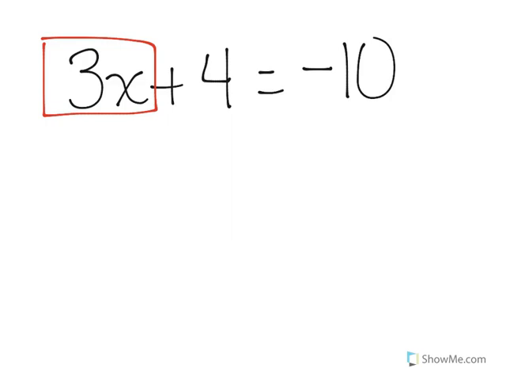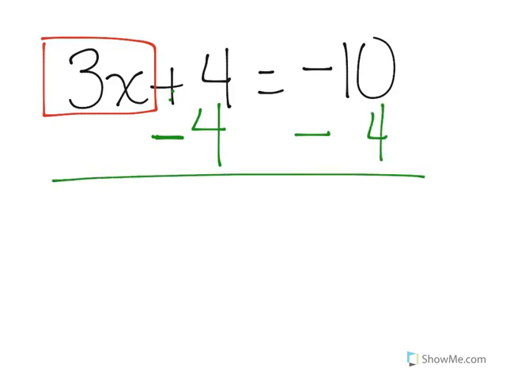So right now, the inverse of addition is subtraction. So I'm going to subtract 4 from both sides. So I have 3x equals, and negative 10 minus 4 is a negative 14.